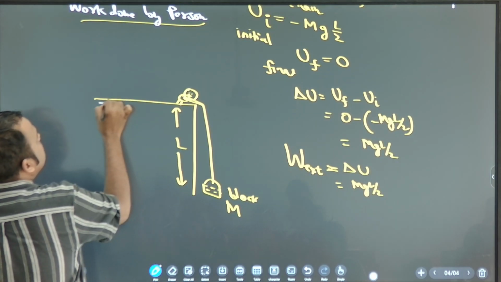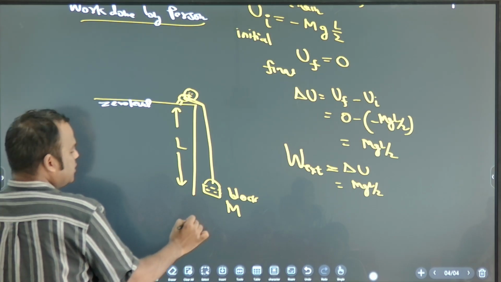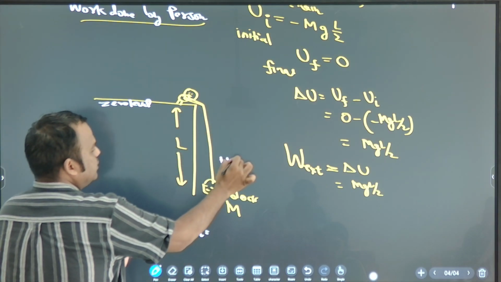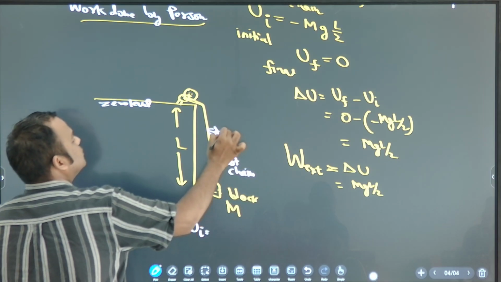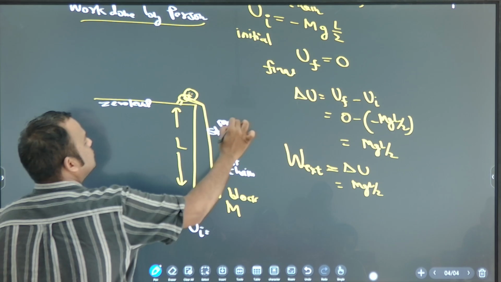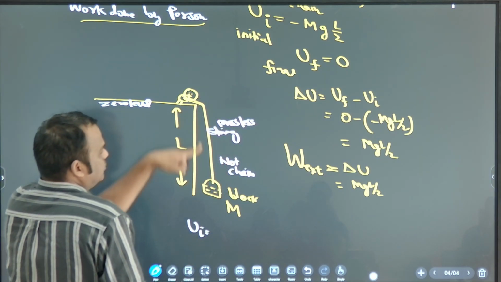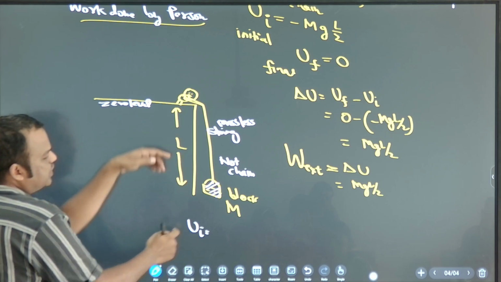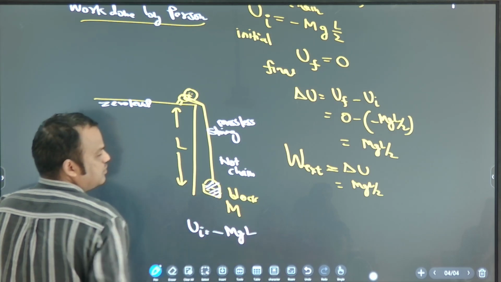So this is the 0 level. What is the initial potential energy of the block? It is not a chain; it is a string, a massless string. So what is the mass of this line? 0. What is the mass of this block? M. So the initial potential energy is minus MGL.